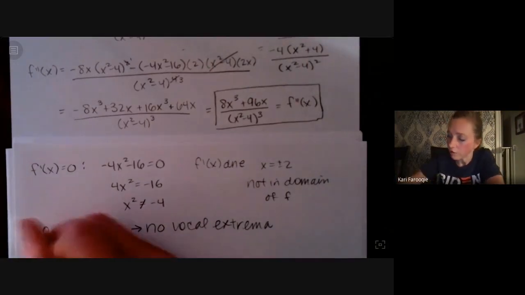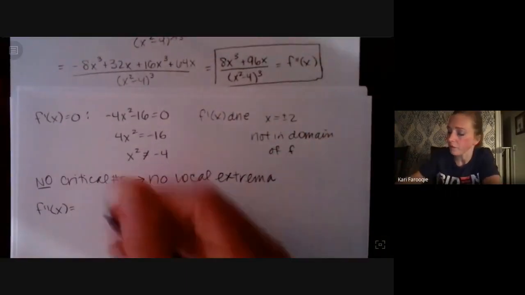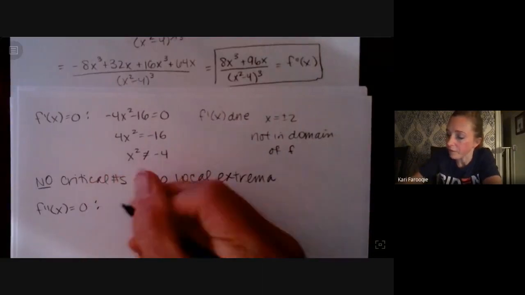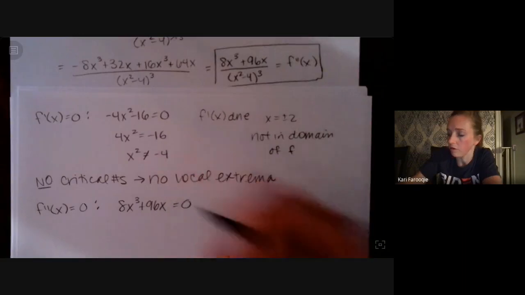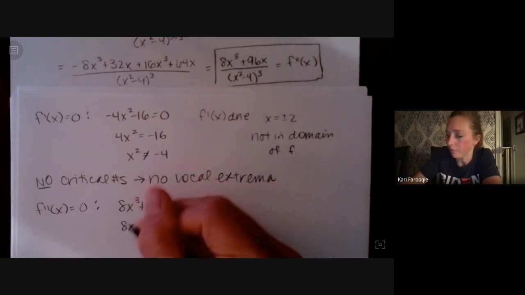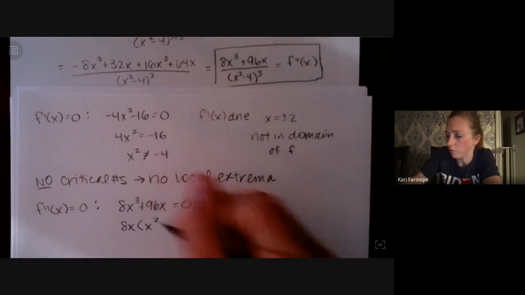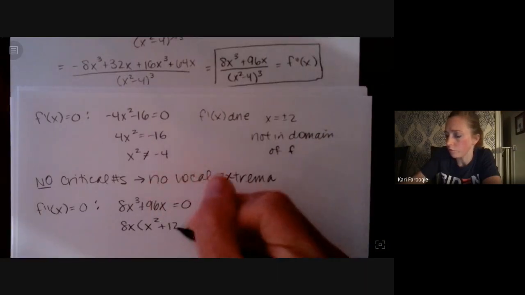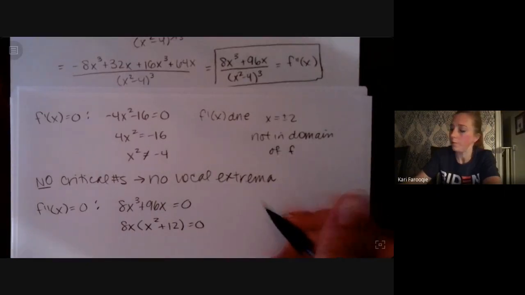Next, we're going to take f double prime of x and set it equal to 0 to look for some possible points of inflection. That's going to be when 8x cubed plus 96x equals 0. 8 is a common factor. x is a common factor. That will leave you with x squared plus 12 equals 0.